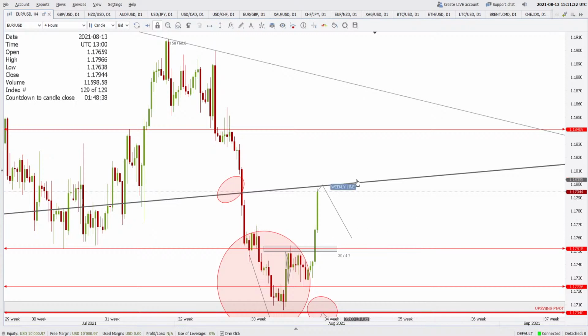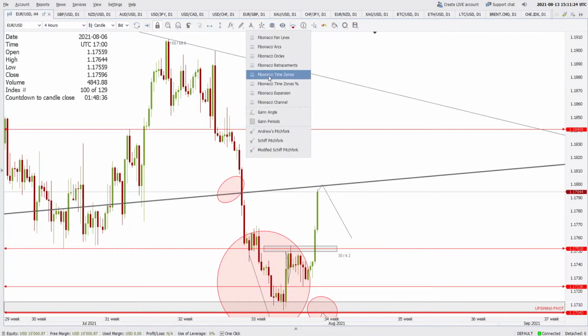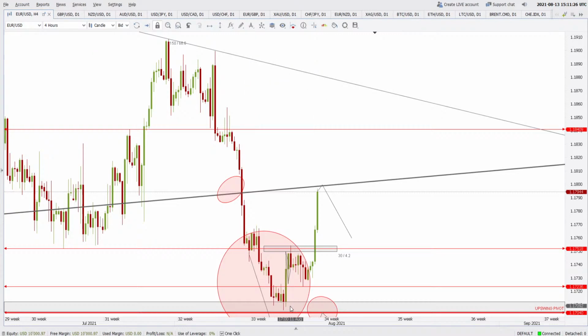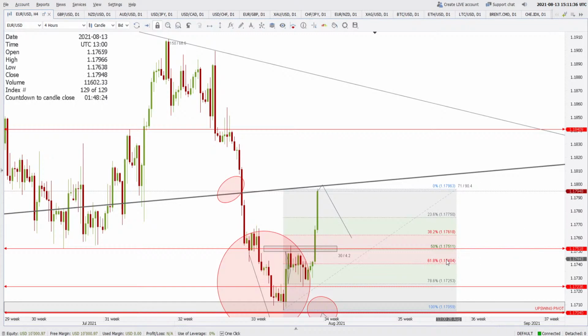Now, to what extent the price can actually bounce back, we have two things to measure that. One is Fibonacci. Fibonacci lines are one way of measuring it. And you see how 50% of this particular rise, if it starts bouncing back from here, perfectly aligns with the 1751 area, which was the previous resistance.